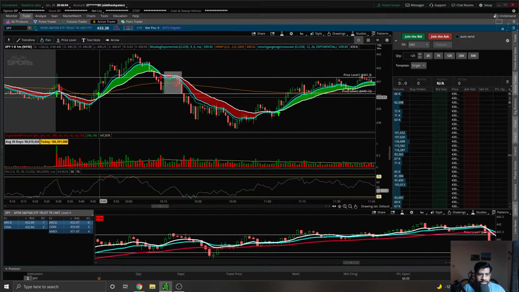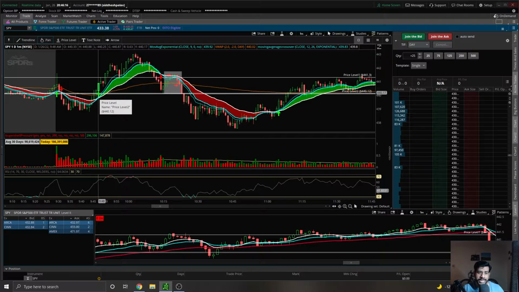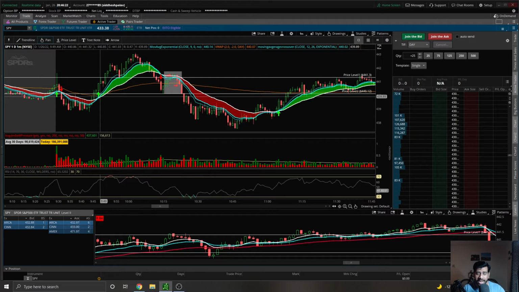As you can see here, the moving average crossover crossed right over here, and this indicator has signals to show you exactly where it is actually crossing over, not just by lines where they cross over each other, but it actually tells you, okay, now the trend has reversed.